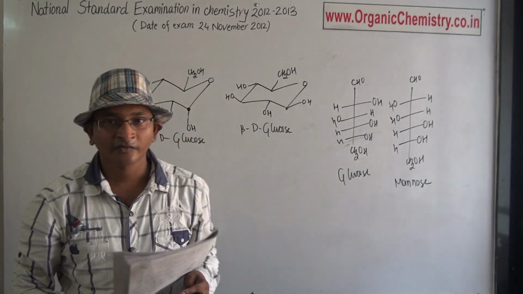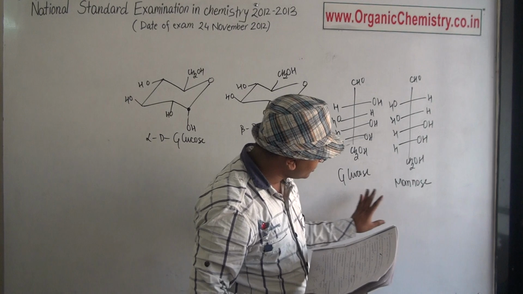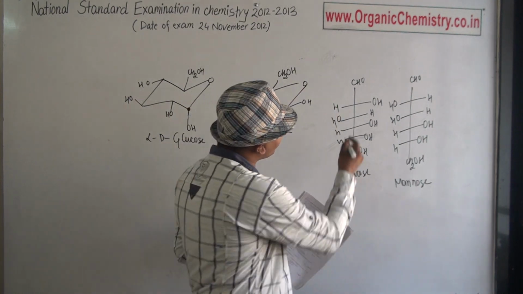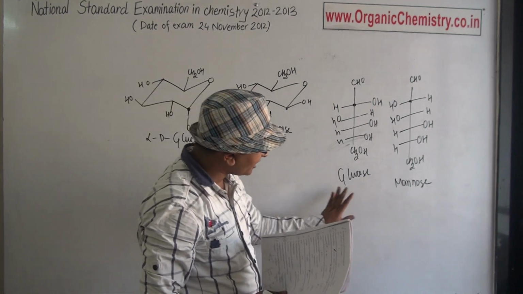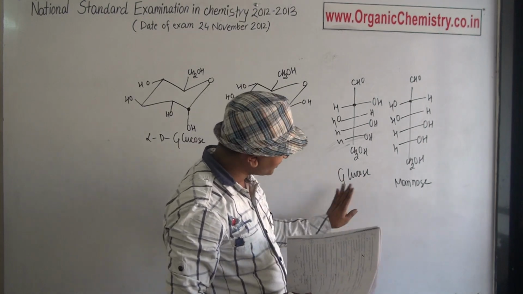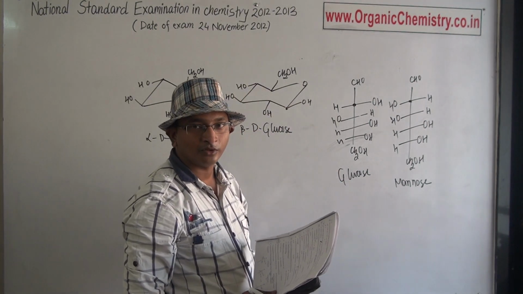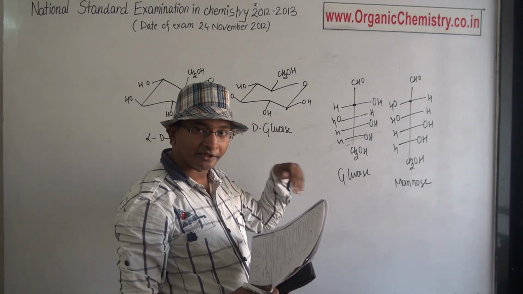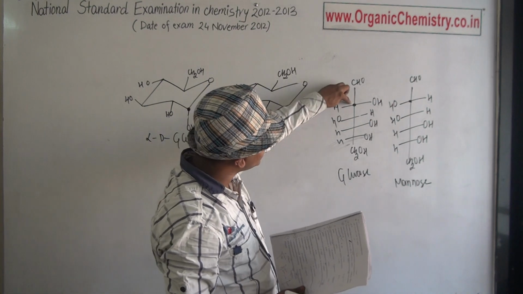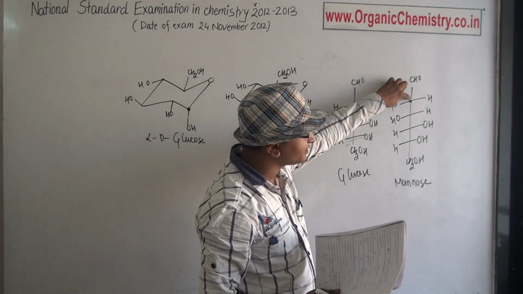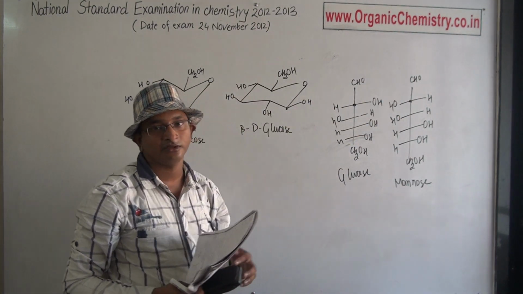So in the case of glucose and mannose, there is a difference in one carbon. So two diastereomers of different molecules, arising due to a change of one stereocenter, are called epimers.